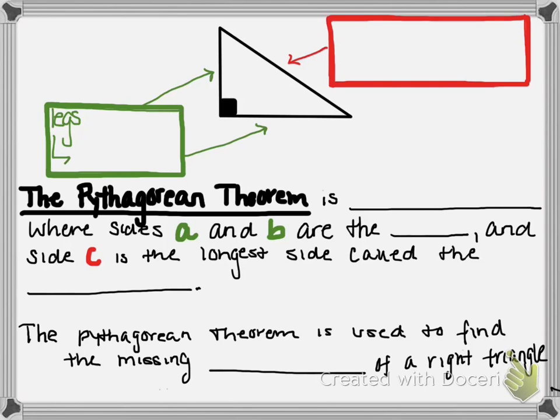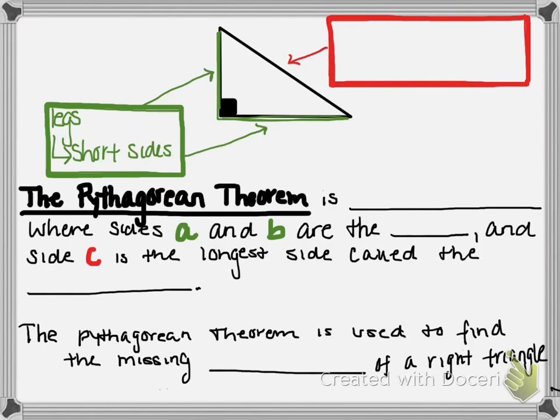And your legs are always the shortest sides of your triangle. So those are your short guys. They're also always going to be on either side of your right box. So they're always going to be on this side and on this side, the shorter legs.